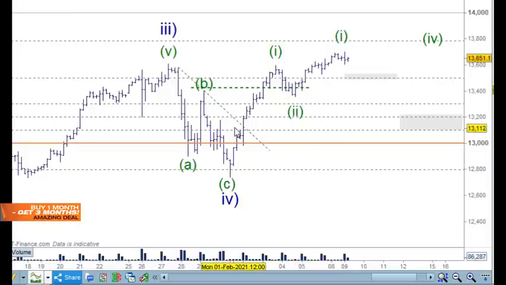So that would be basically 1 and 2 in here, and then wave 3, 4, and 5 here. So two slightly different counts, but that's okay, and we'll stay with that. If that was wave 2 here, for example, then this move up here would be a smaller wave 1, and it can come back into and test the 13,500 and move up from there.